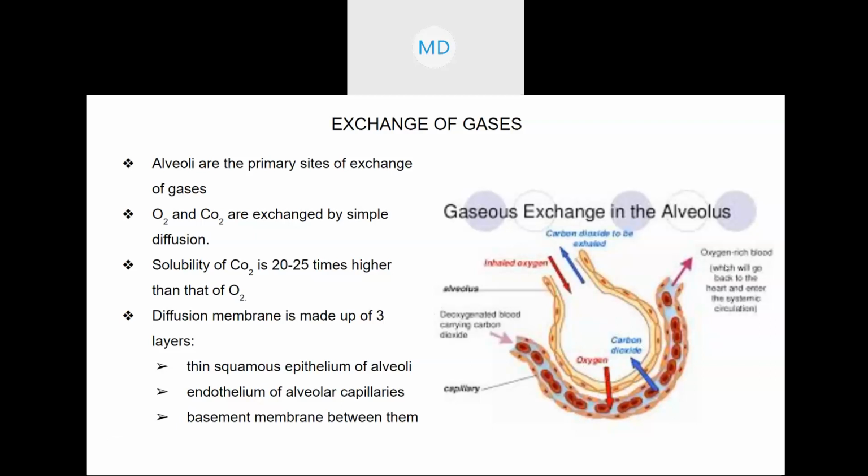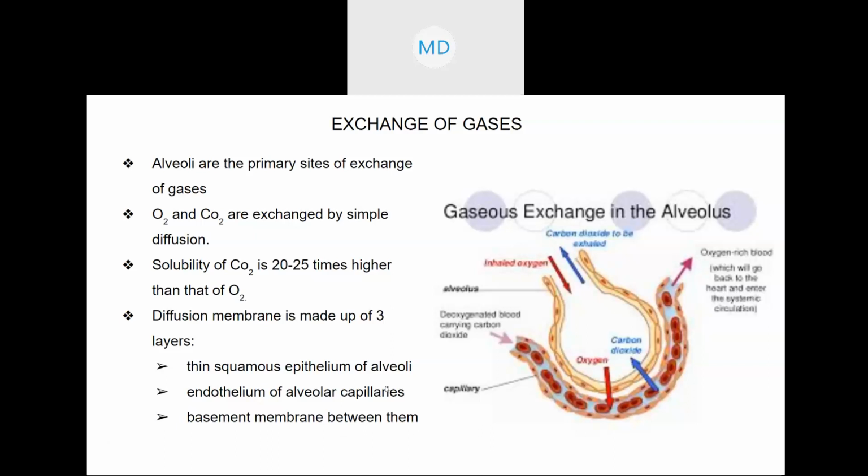Just mention oxygen-rich blood and deoxygenated blood, which is enough. The portion in the brackets is not required. If you draw the other one, you have to mention oxygen and carbon dioxide as arrows: oxygen going outside, carbon dioxide getting inside. These arrows are not there in the diagram that I'm going to give you. So you can combine these two diagrams and make your own.